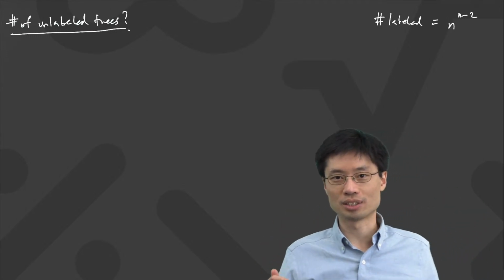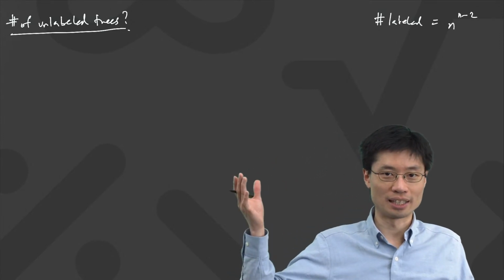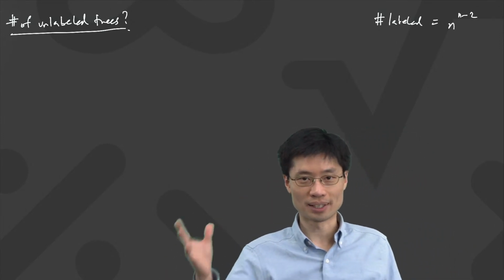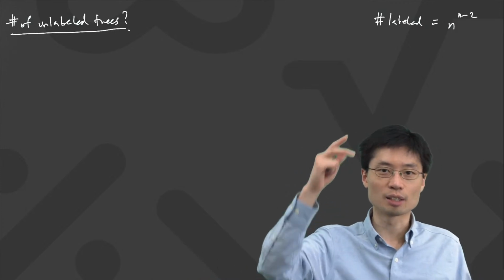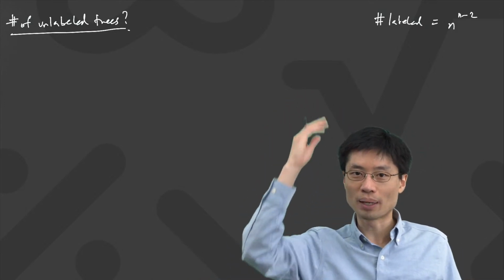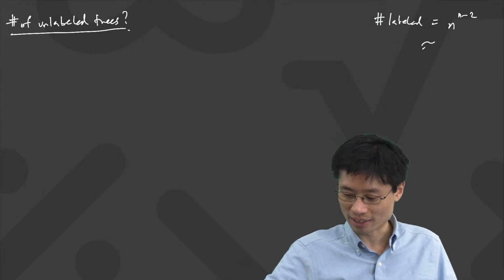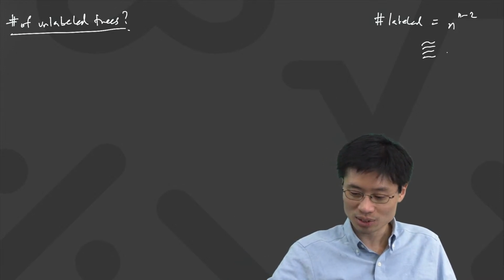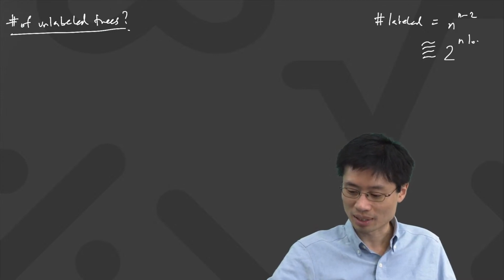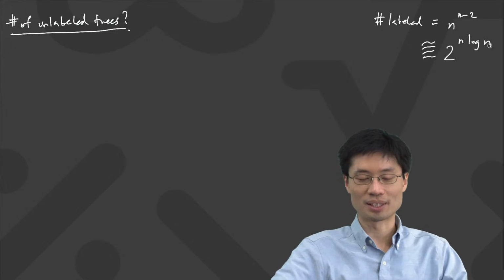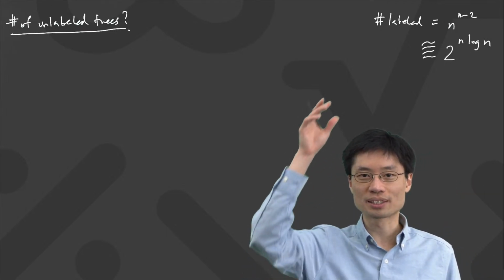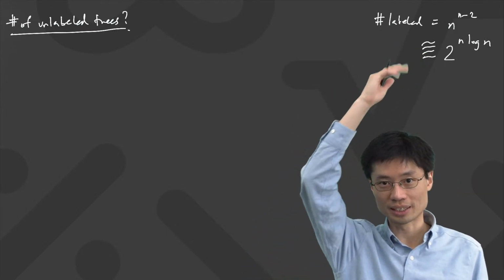Normal exponential is just like 5 to the power n or 100 to the power n. But this is n to the power n-ish, and the base of the exponent is also getting big. I said this was sort of like exponential of n times the log of n, something like this.